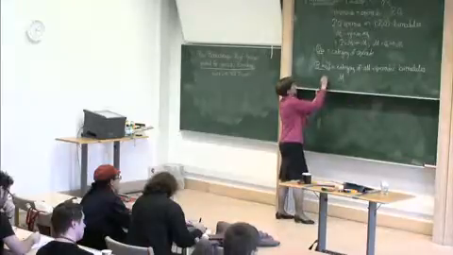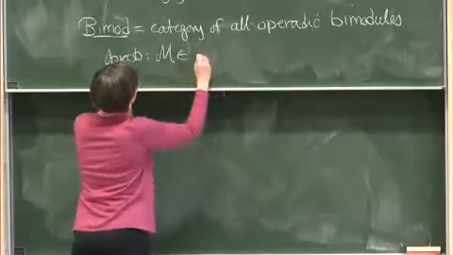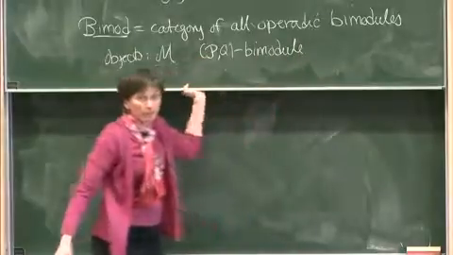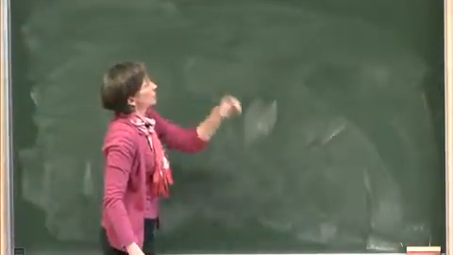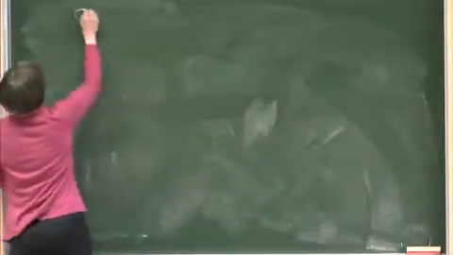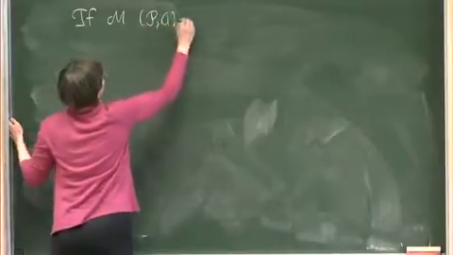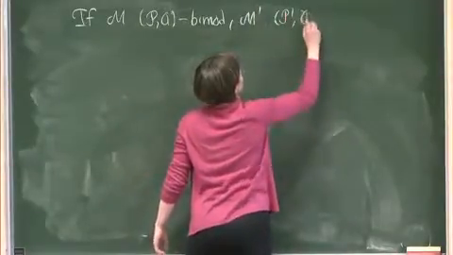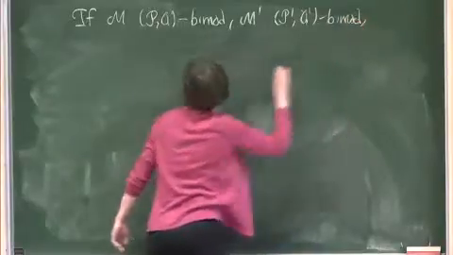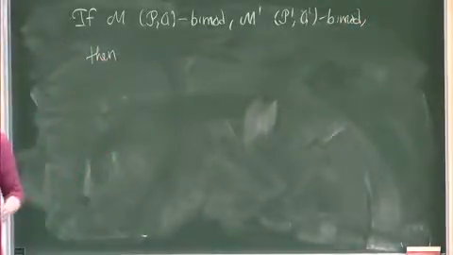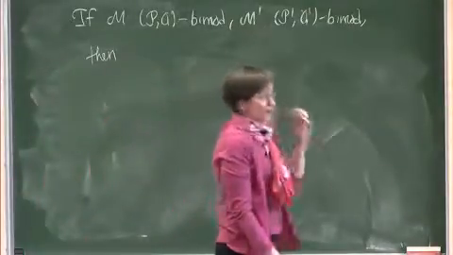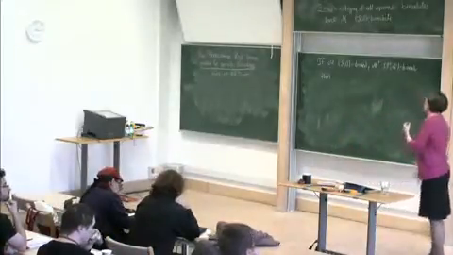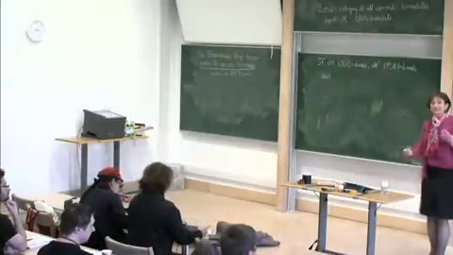So an object here is going to be something, so M is going to be a PQ bimodule for some operad P and some operad Q. And if I want to think about what morphisms are in this category, then if M is a PQ bimodule and M prime is a P prime Q prime bimodule, then a morphism from M to M prime is given by a pair of morphisms of operads, one from P to P prime, one from Q to Q prime, and then a morphism of PQ bimodules from M to M prime seen as a PQ bimodule.